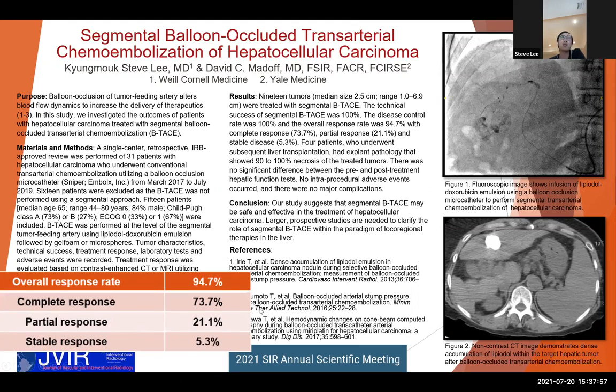The median size of the tumor in this series was 2.5 centimeters, but they ranged from 1.0 to 6.9. The fluoroscopic image here shows that we really got nice delivery of chemoembolic into the tumor bed, and the post TACE CT imaging shows very, very dense accumulation of Lipiodol within the target tumor.